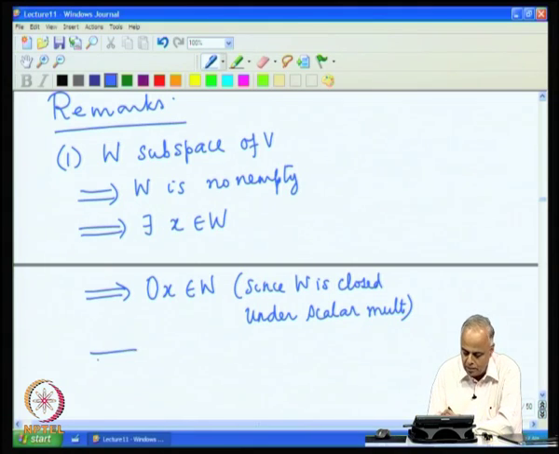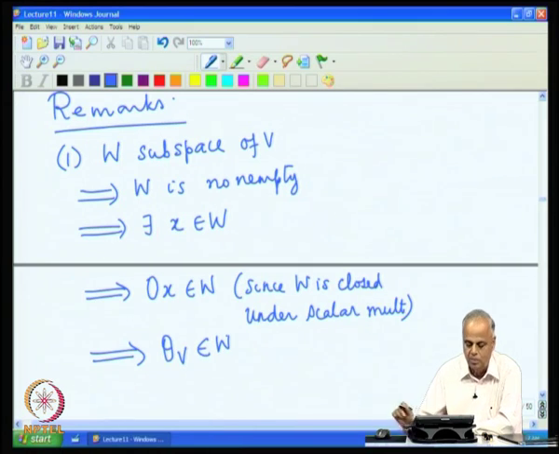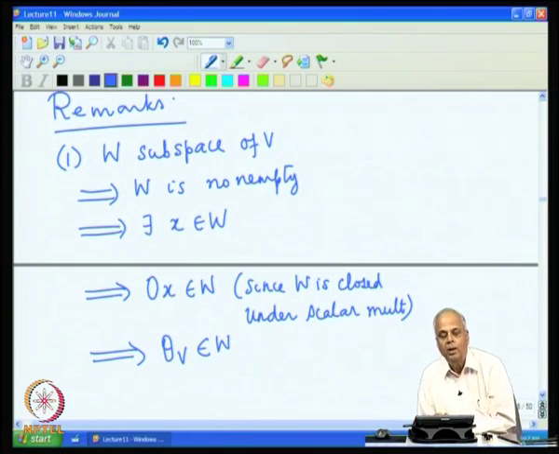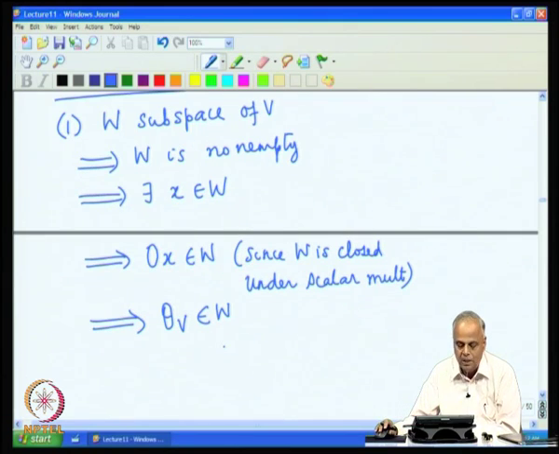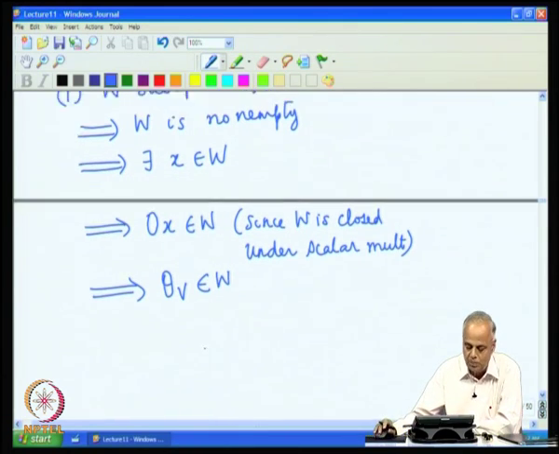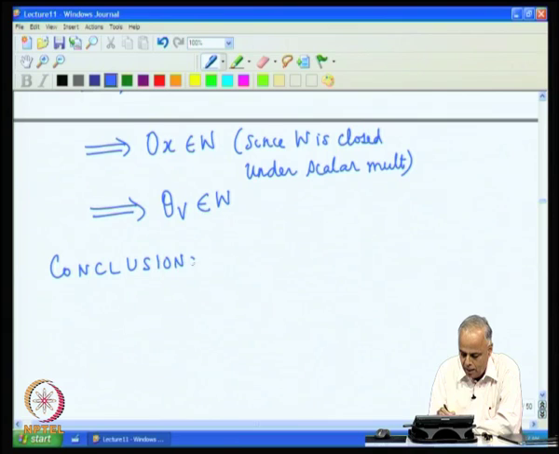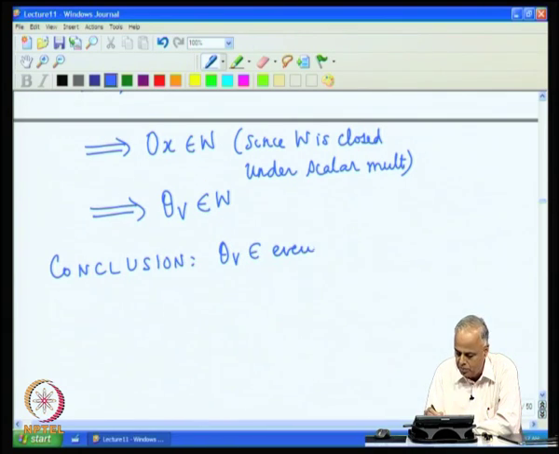But 0x, it is an exercise to verify, is nothing but the 0 vector that belongs to W. So, therefore, what we see here is that whatever subspace we have, the 0 vector must belong to it. So, the conclusion is that theta V belongs to every subspace of V.